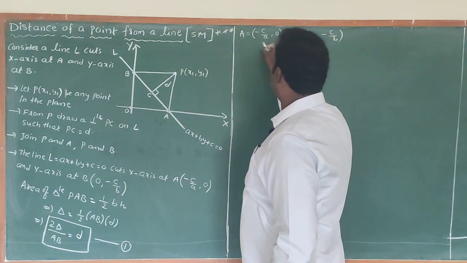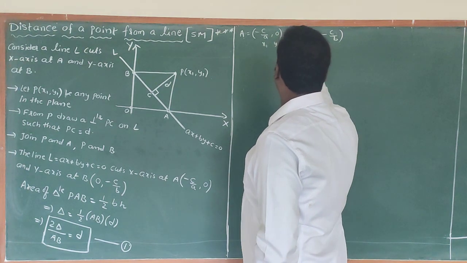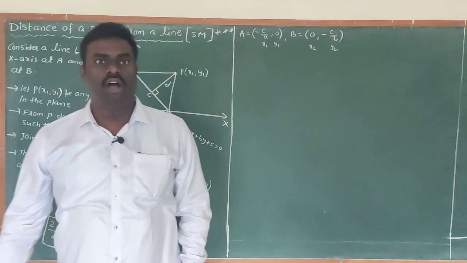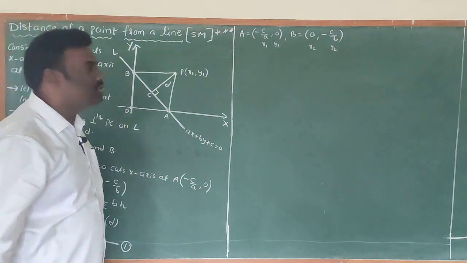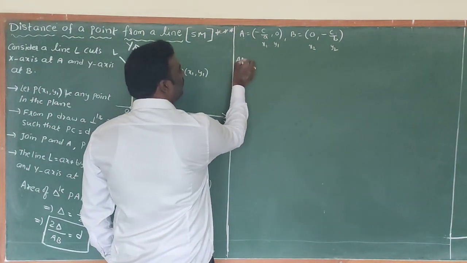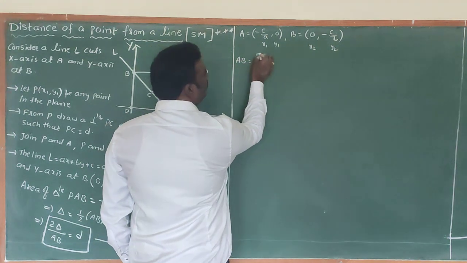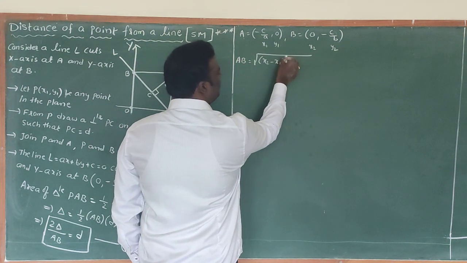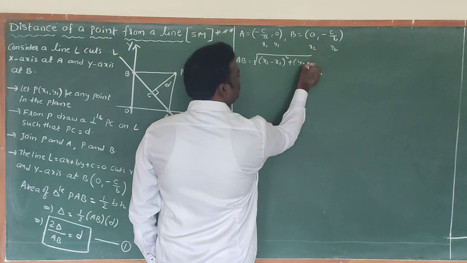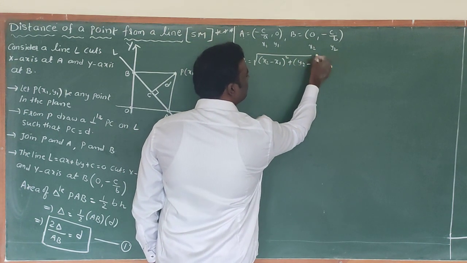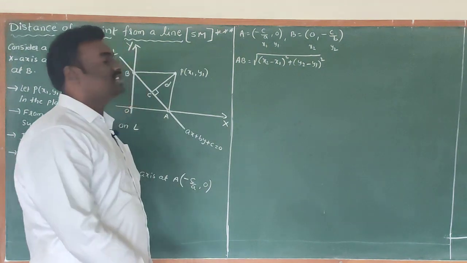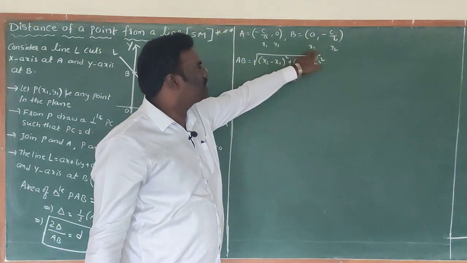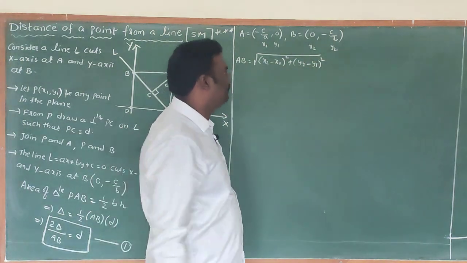This point is x1, y1, and this point is x2, y2. We know how to find distance between 2 points. Then AB is equal to under root of x2 minus x1 whole square plus y2 minus y1 whole square. This is the formula for distance between 2 points. We know x1, y1, x2, y2, substitute here.